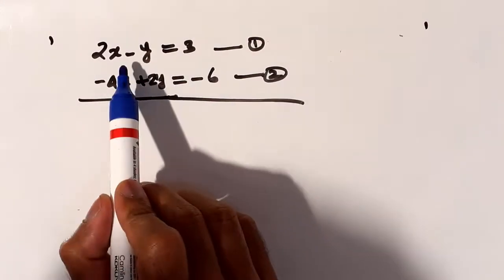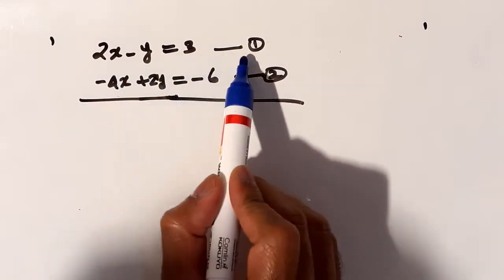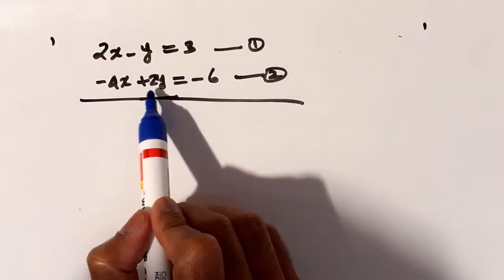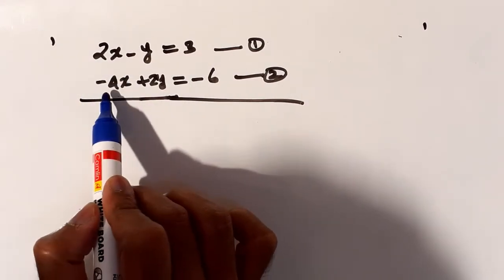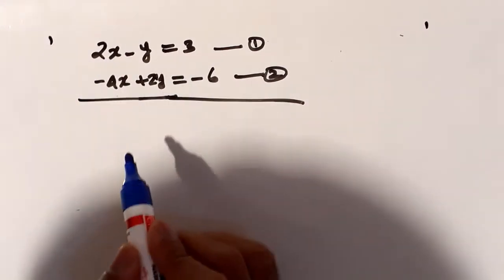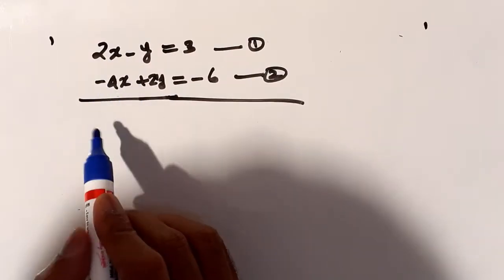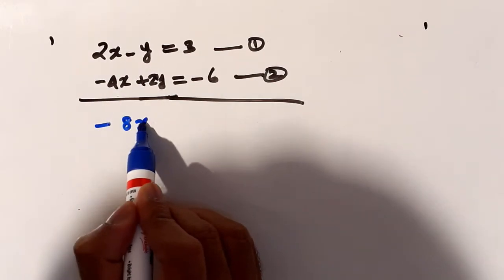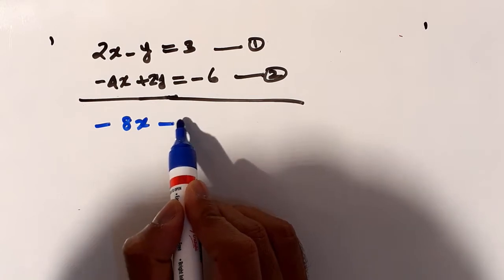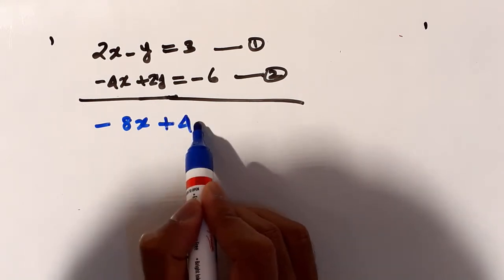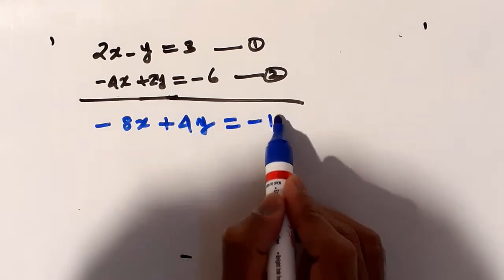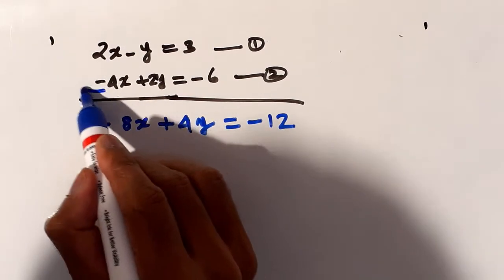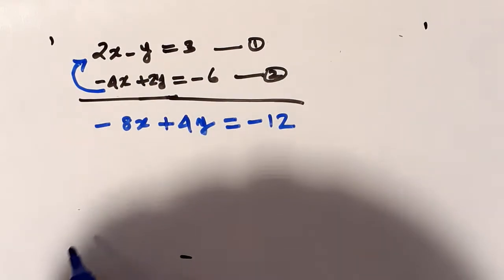I will multiply the first equation by minus 4, the coefficient of the x term. So minus 8x plus 4y equal to minus 12.